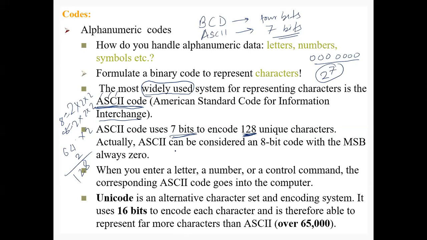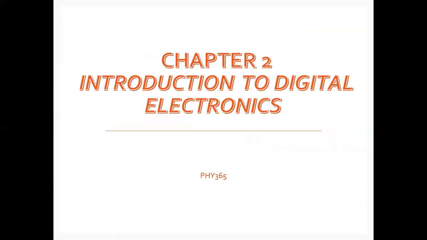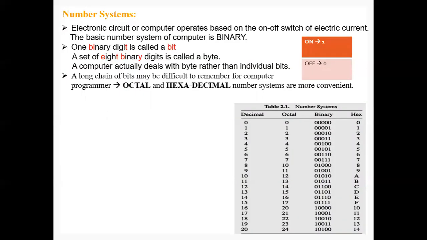But remember, most of the time we use bytes. What is the difference between a bit and a byte? A bit is just 1 digit, either 0 or 1, and a set of 8 binary digits is called a byte.